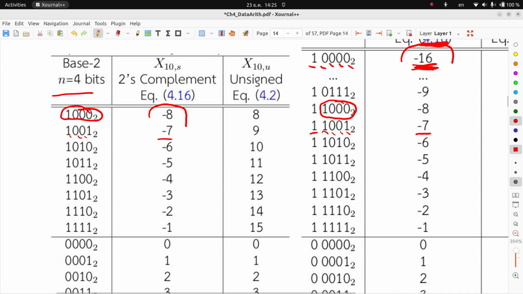When I add 1 here on the left hand side, the value stays the same. Can you see that? 1 0 0 as well, 1 0 0. I add 1 more here, it's going to represent minus 8 base 10.